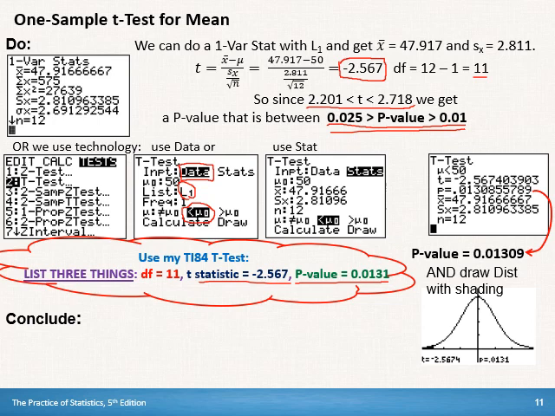So three things: the number of degrees of freedom, t-statistic, p-value, and then the fourth thing is a normal, well, in this case, t-distribution, shaded and labeled. All right, and then finally, our conclusion should have three components to it, so work on that. Pause the video if you need to.